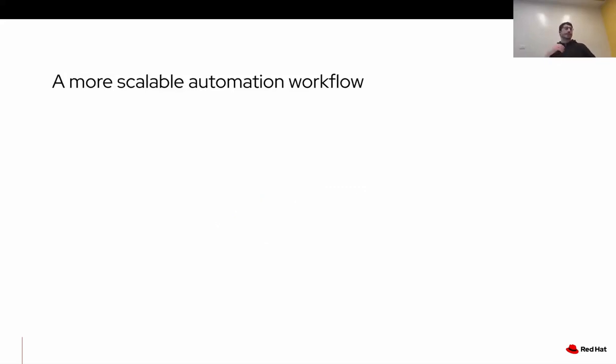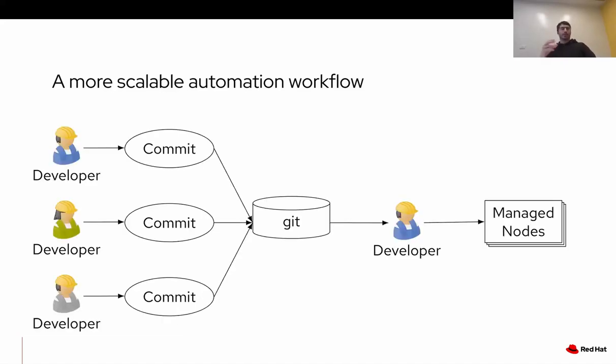But what happens after a while is that the team grows, or the manager wants to have more people writing code. So we have multiple people writing code, committing it, hopefully to Git, and then that same developer as before is downloading the latest Git version, running the code, and managing the nodes.